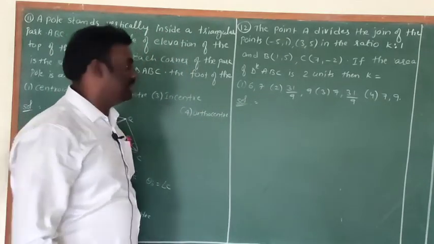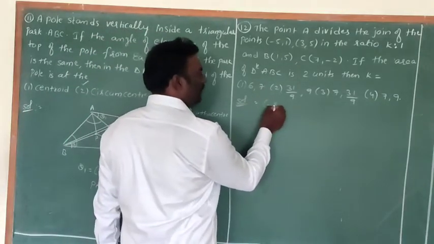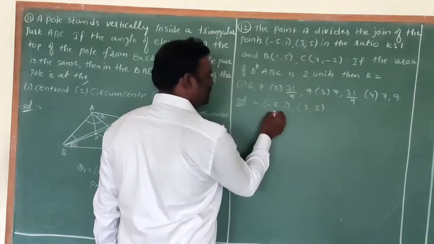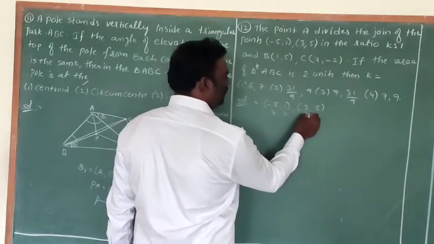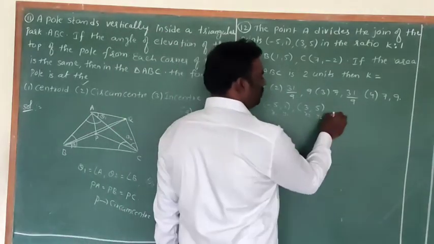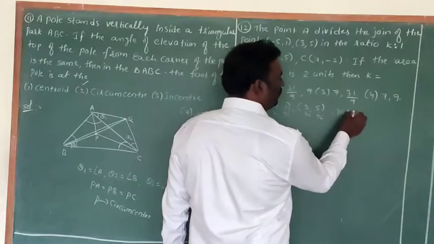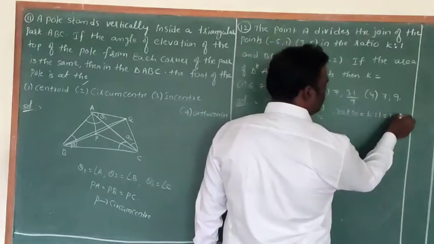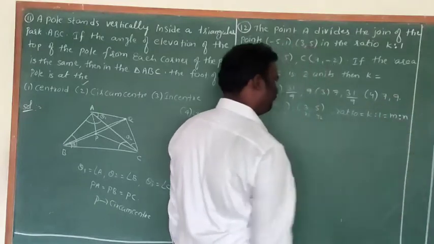First 2 points are minus 5 comma 1, 3 comma 5. This is x1, y1, x2, y2. And the ratio is k is to 1, that is m is to n.